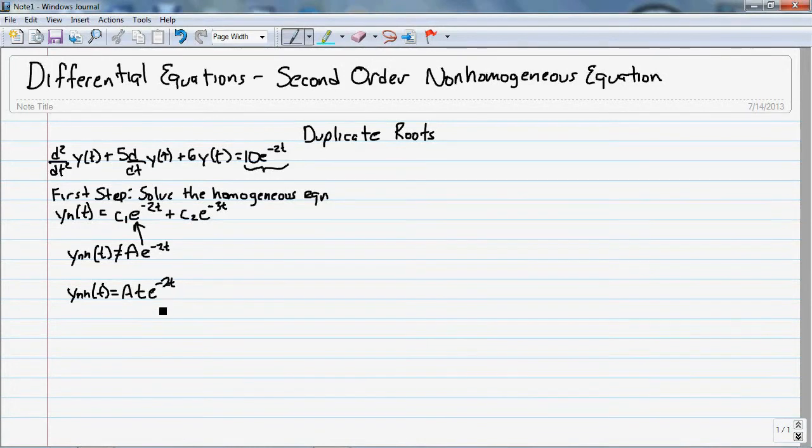Now this is going to be a bit of work here because we have a function that has two terms with t in it, which means we're going to have to use the product rule along with the chain rule.